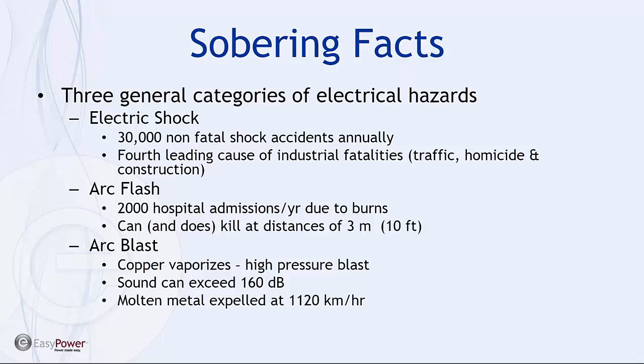So according to NFPA 70E, the 3 levels of hazard include electrical shock, arc flash, and arc blast, and this constitutes the majority of the incidents of human injury and fatalities. And surprisingly, electric shock is the fourth leading cause of industrial fatalities. Blew me away.